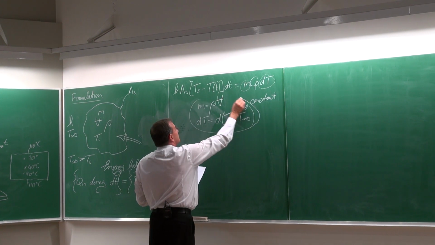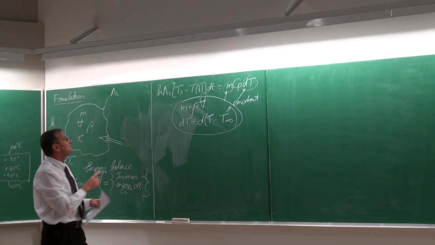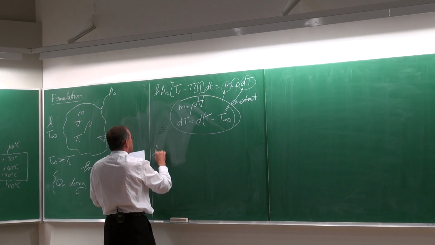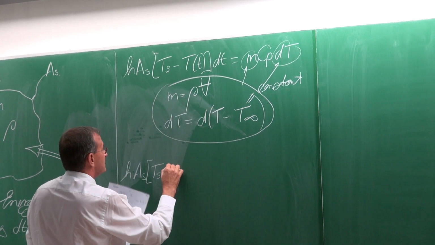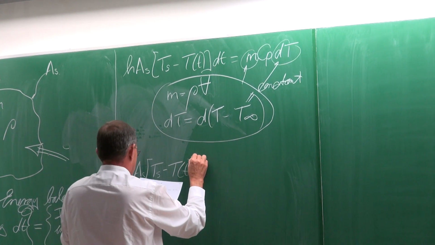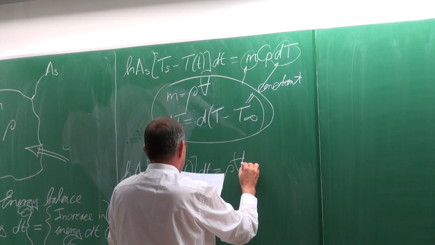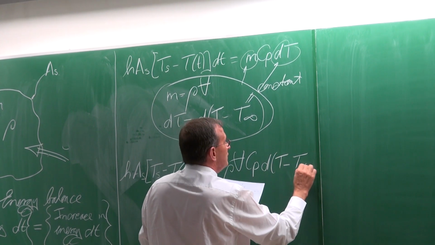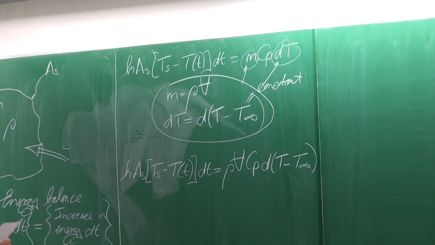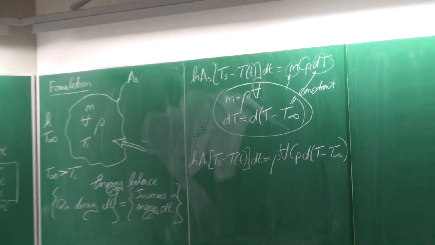If we substitute this into those two terms, then we can write the equation as the heat transfer coefficient multiplied by the surface area multiplied by Ts minus the temperature, dt, is equal to rho multiplied by the volume Cp d(T minus T infinite). You happy with that?